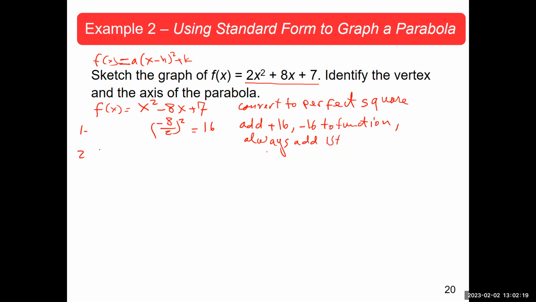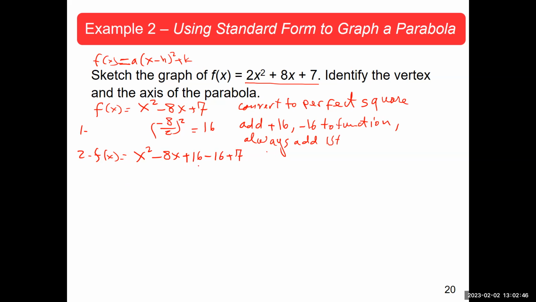So I'm going to say f(x) equals x squared minus 8x. Now we can add, we'll leave the 7 for last. We said we always add the number: 16 minus 16 plus 7.